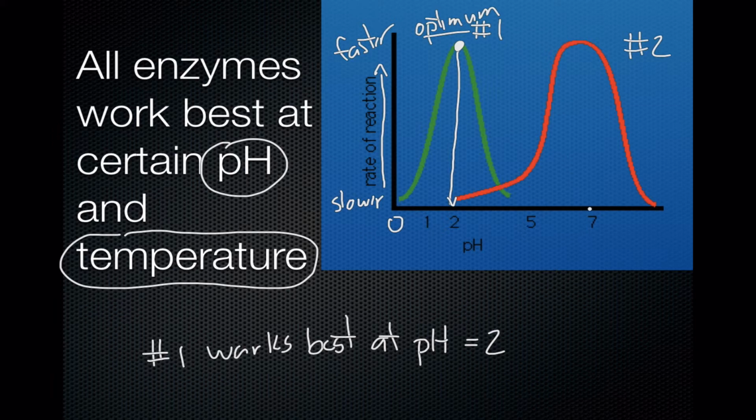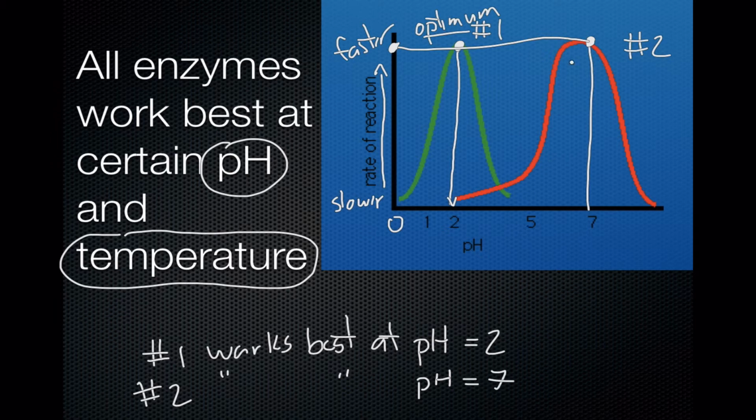When we start getting up close to neutral, maybe a little bit past, that's where enzyme number 2 is working the fastest, at a pH of 7. So number 2 works best at pH equals 7. This could be an enzyme that has evolved to do its job in a place where pH is close to neutral, like maybe in your mouth. This could be a saliva enzyme, whereas enzyme number 1 could be a stomach enzyme.